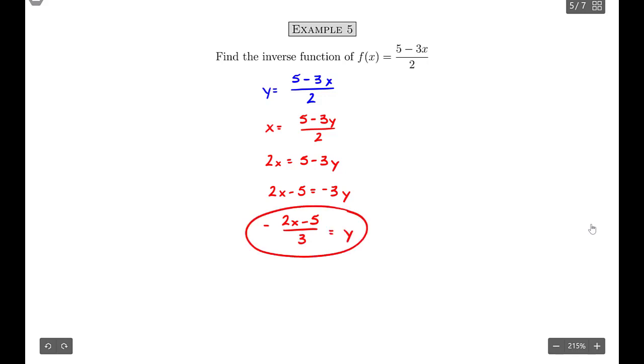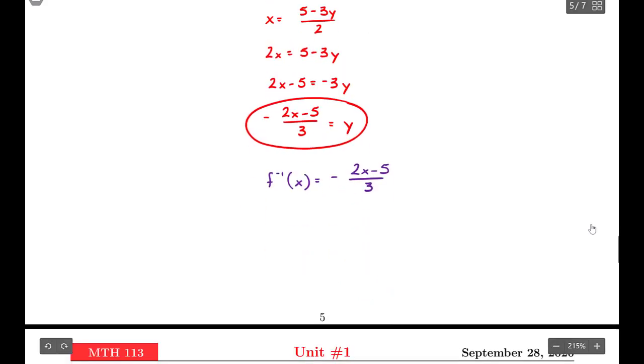That becomes my inverse function. So if I wanted to write that in the correct notation, it's f inverse of x equals -2x minus 5 over 3. And that's how you find an inverse function algebraically. And like I said before, this is what I really want you to focus on.